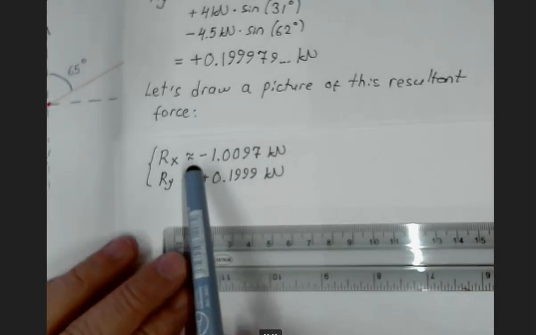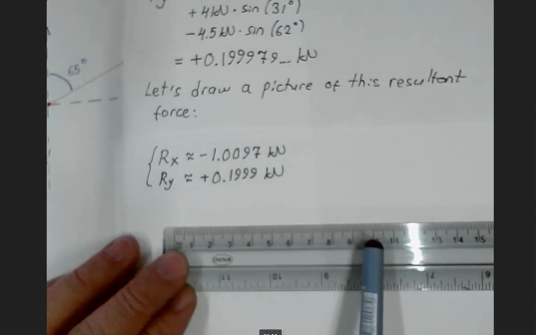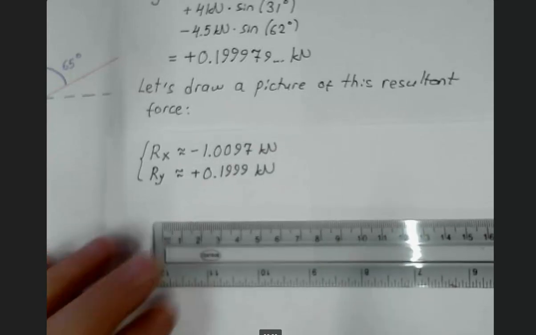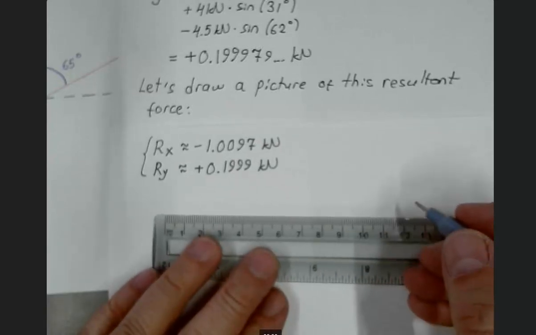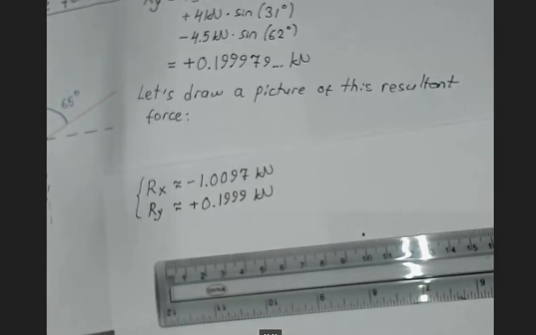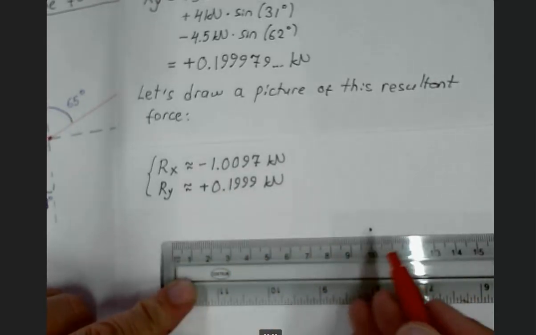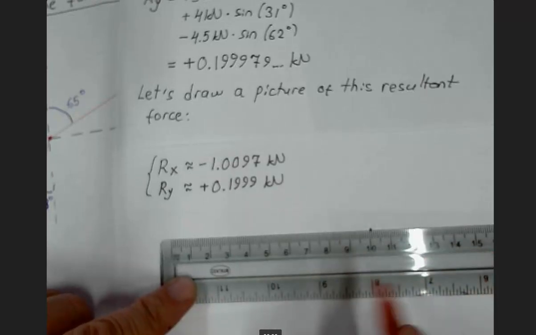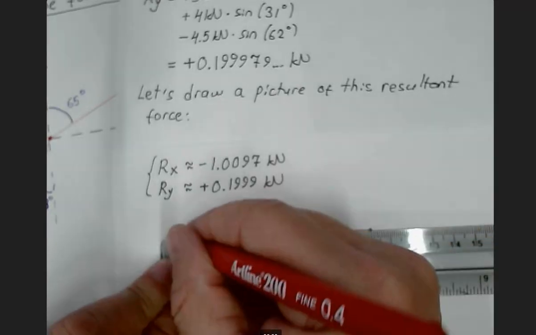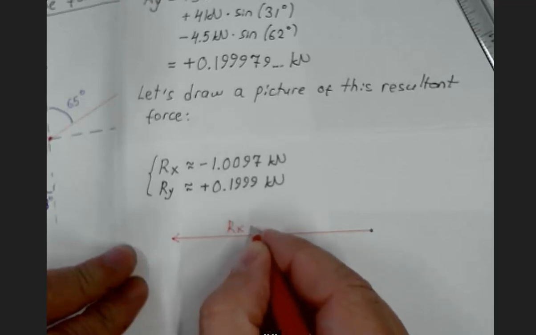So this Rx is approximately -1, so in my scale that will be approximately 10 centimeters. And I will draw a point here, and then this Rx is -1, so it goes approximately 10 centimeters to the left-hand side, so that will be Rx.